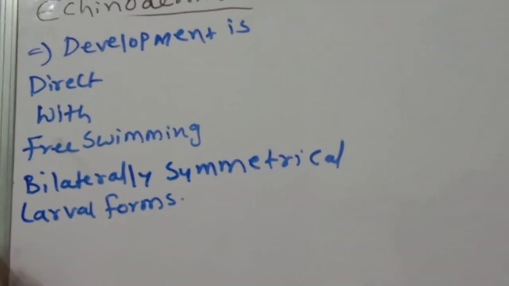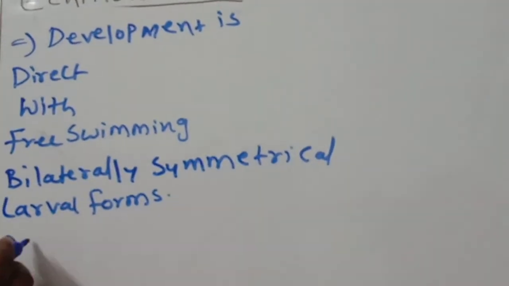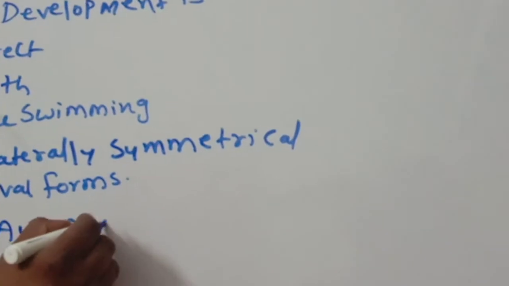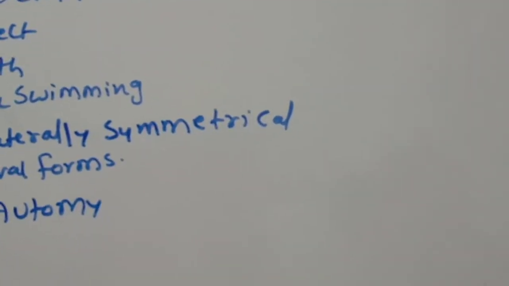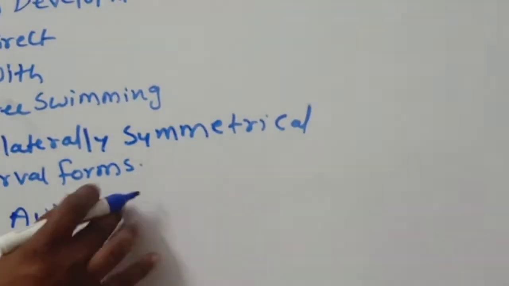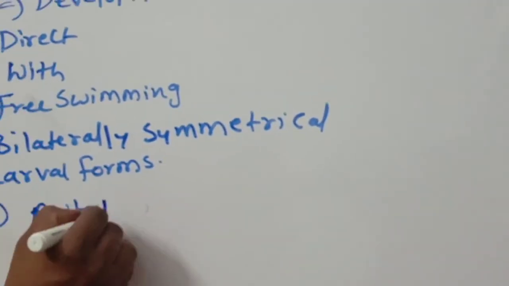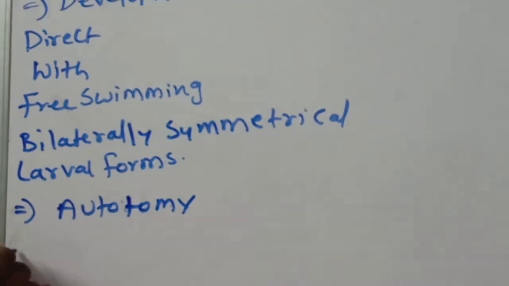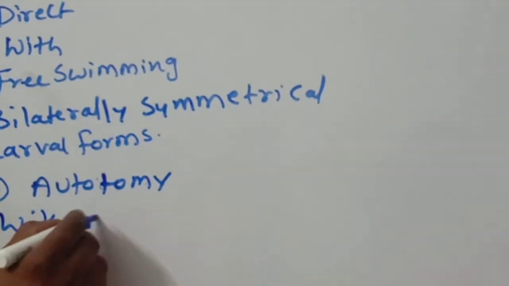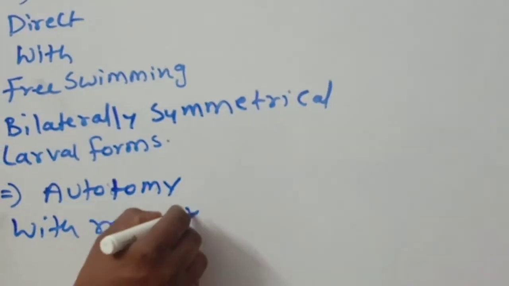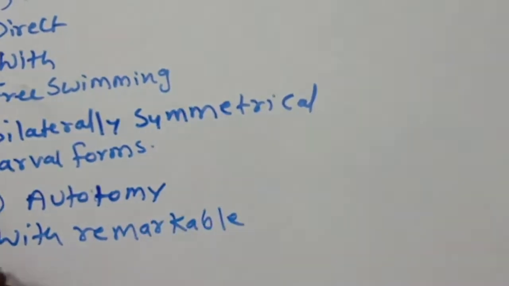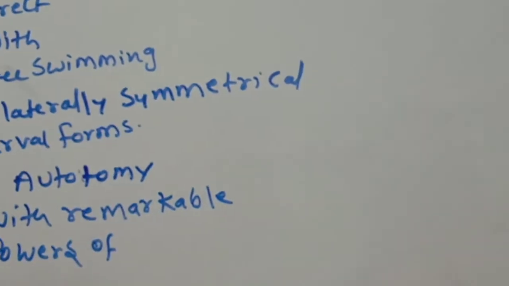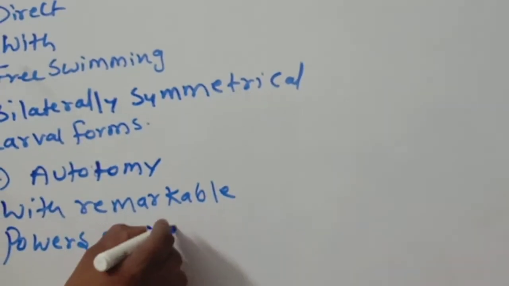Next, some echinoderms exhibit autotomy. Autotomy means self-destruction of their body parts, along with remarkable powers of regeneration.